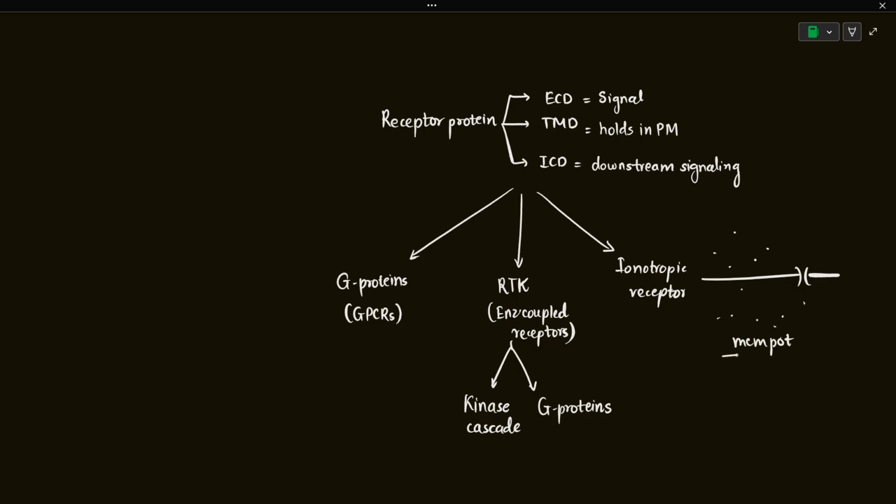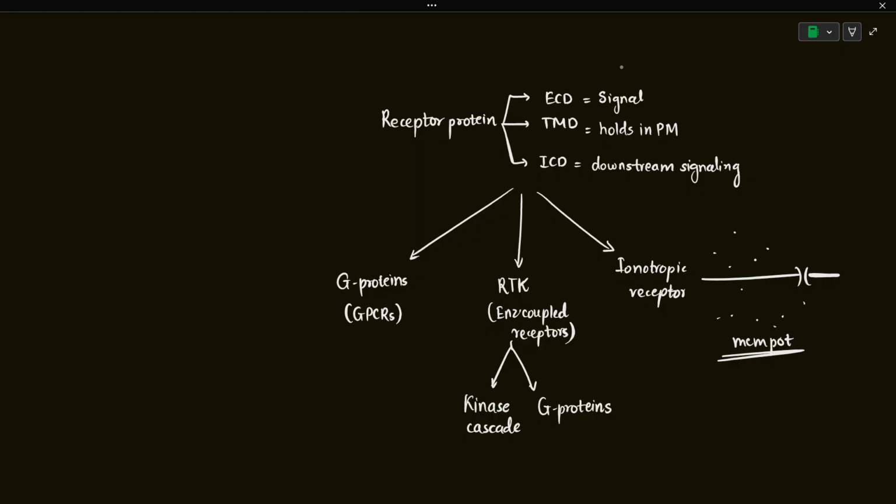The change in membrane potential will result in a change in the electrical properties of the membrane, and that is going to result in some downstream signaling. So the ionotropic receptor uses the change in membrane potential, due to the opening of the ion channel, as a mechanism to ensure that downstream signaling occurs.